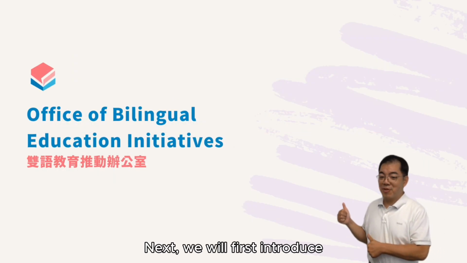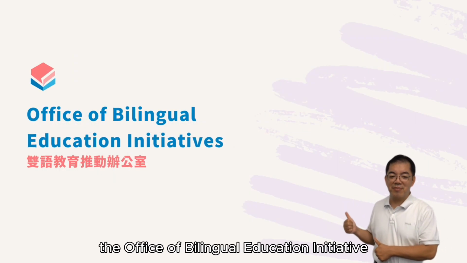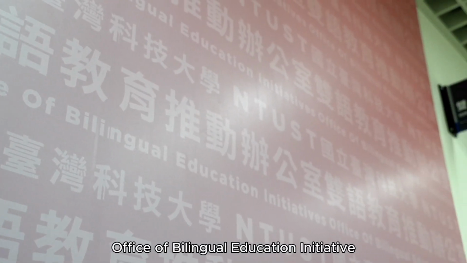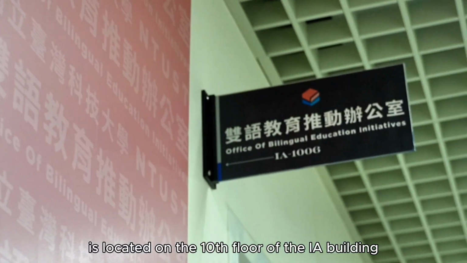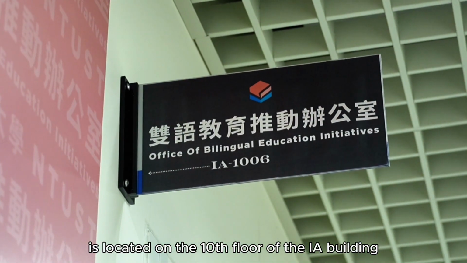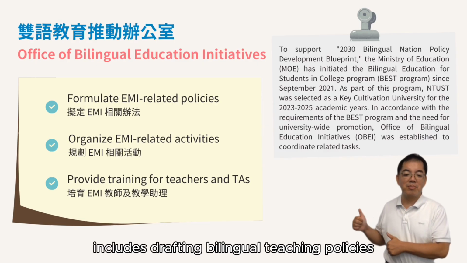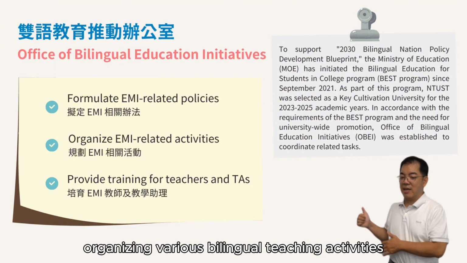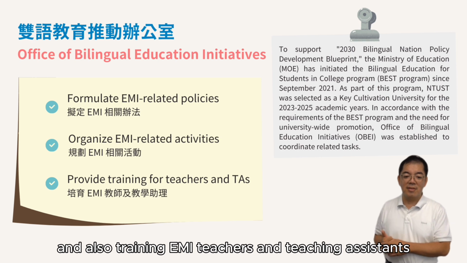Next, we will first introduce the Office of Bilingual Education Initiative. Office of Bilingual Education Initiative, short for OBEI, is located on the 10th floor of the IA building. The main tasks include drafting bilingual teaching policy, organizing various bilingual teaching activities, and also training EMI teachers and teaching assistants.